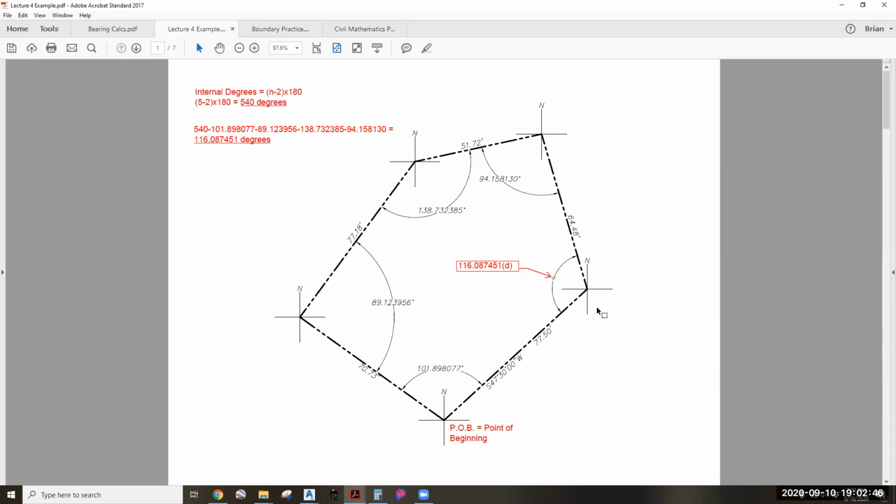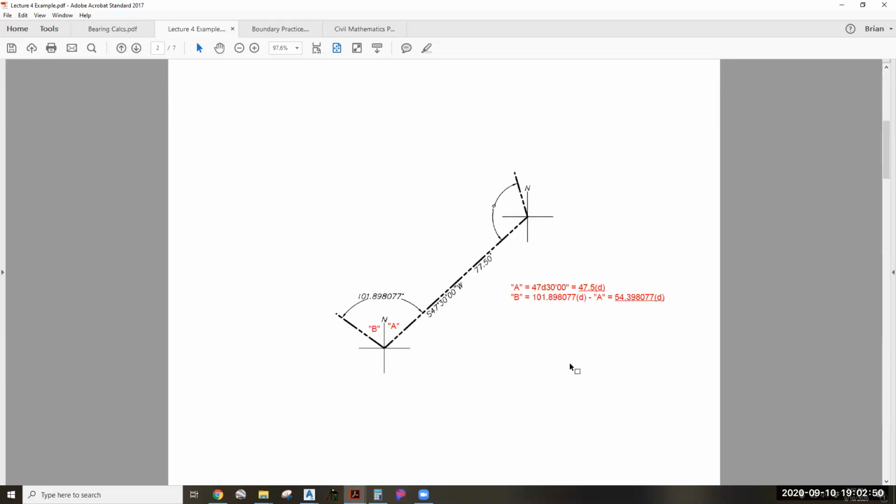So I'm going to move down here. What I need to do is figure out the angle of B, which will give me the bearing of that line, because bearings come from either north or south and fall to either the east or the west.